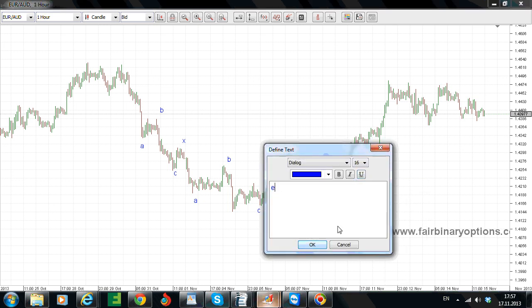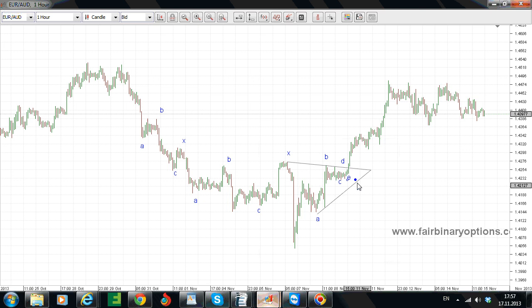Any contracting triangle travels between the B and D trend line and the A and C trend line. So this should be the B and D trend line, this should be the A and C trend line, and this is our triangle.